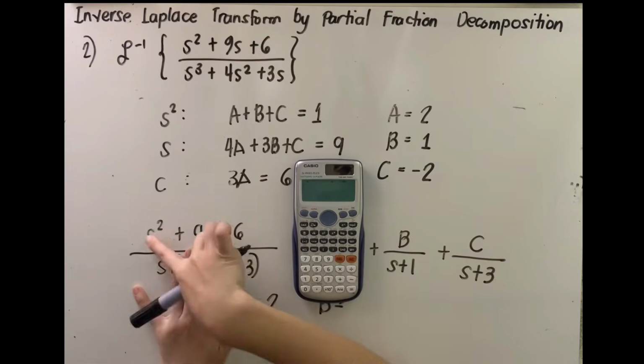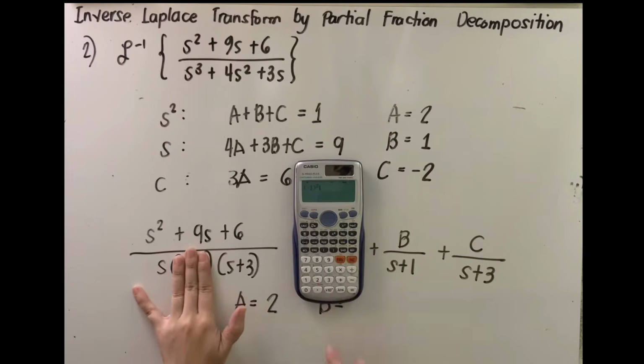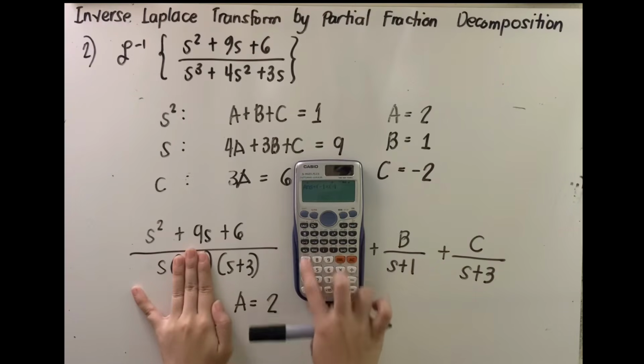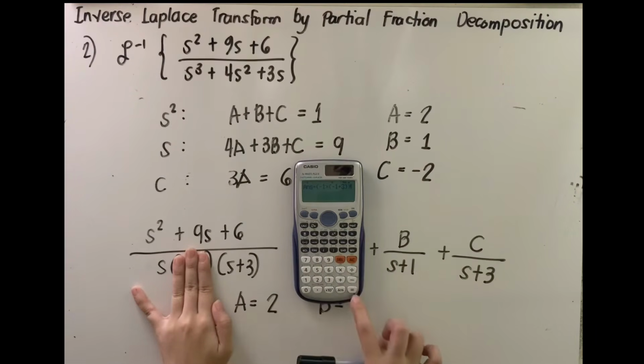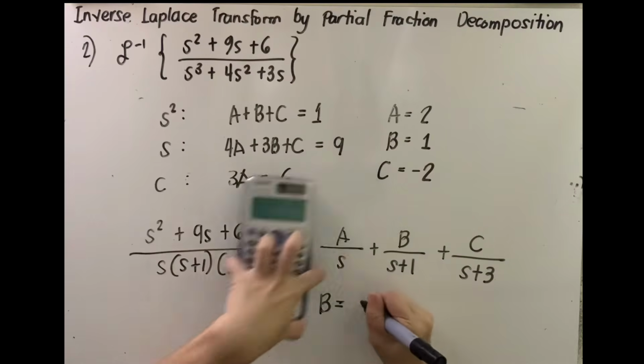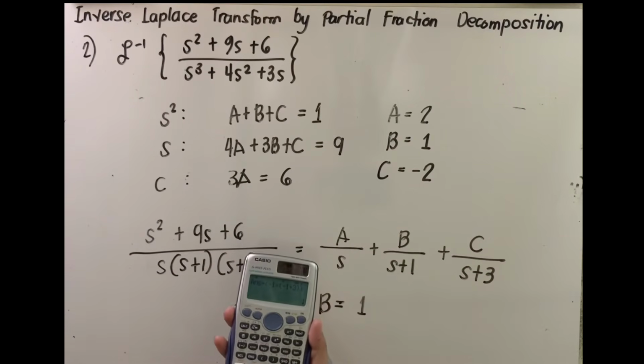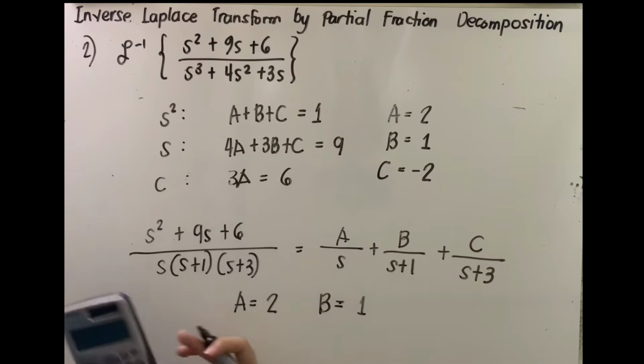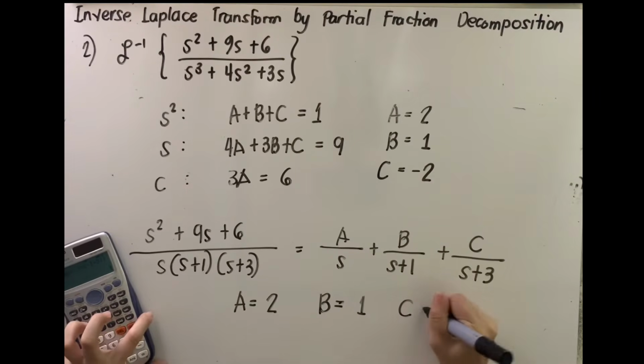So, this is S squared, which means negative 1 squared plus 9 times S, which is negative 1, plus 6, okay, divided by S, which is negative 1, times S plus 3. And that's negative 1 plus 3. Equate that, you'll get B equal to 1. Sabi sa calcu, 1.